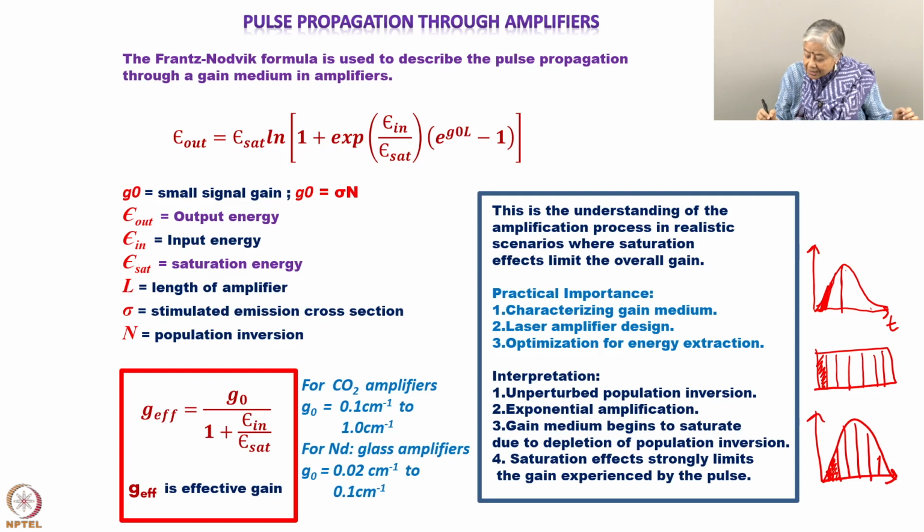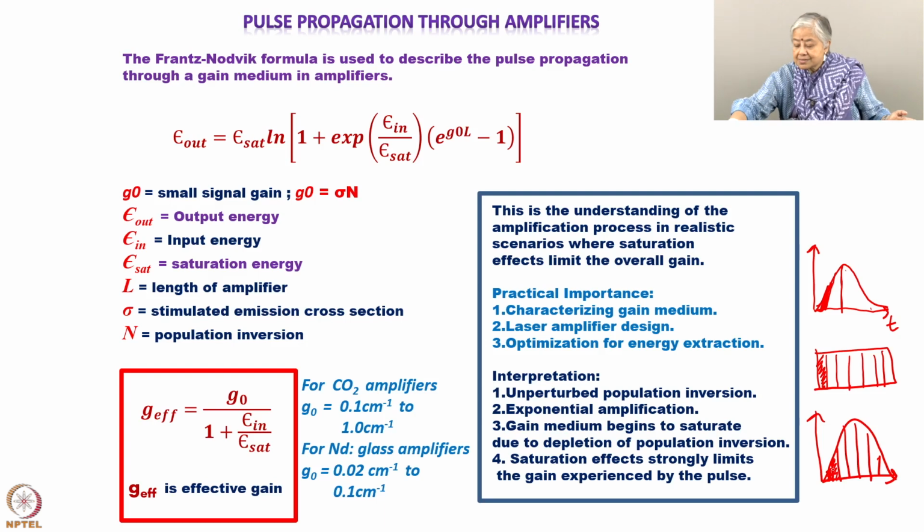So, when the next part comes, it sees the same gain as G0. It is the unperturbed part of the pulse, and with a lot of computation nowadays, this has become very easy. And then you get the final output because of this.